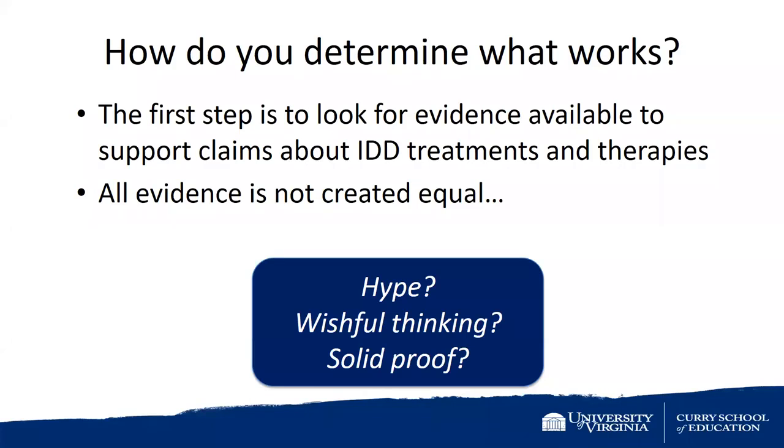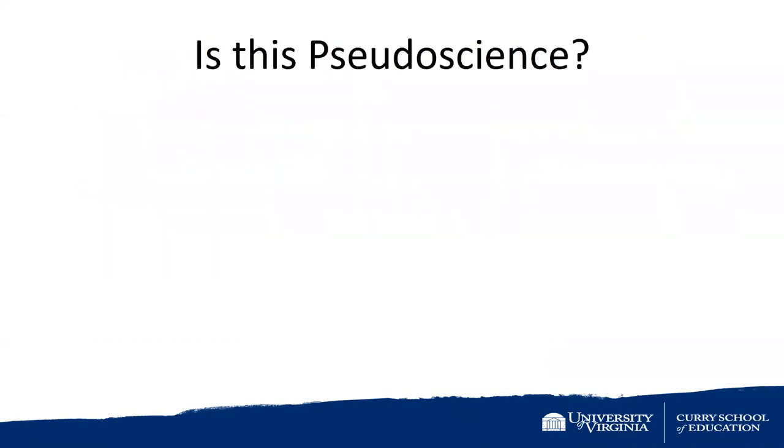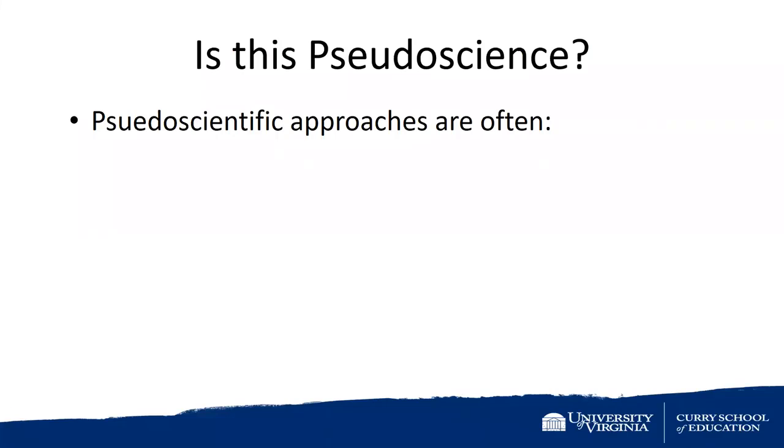Is there solid proof? Can you find information in books, on the internet, in leaflets from doctors that suggests that this intervention is going to work? Oftentimes in history, especially when you think about the history of treatment and therapies that have been available for individuals and children with intellectual and developmental disabilities, as our knowledge about treatments has grown, we tend to see a shift over time.